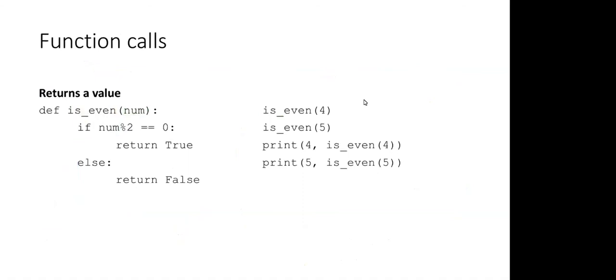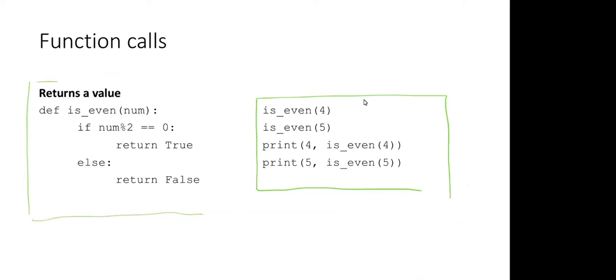So let's go ahead and run this code. This right here is separate. It's part of the same program as what we had here, but it is further on in our program. So let's say we have is_even(4). That means 4 would be passed into our function because 4 is our input.